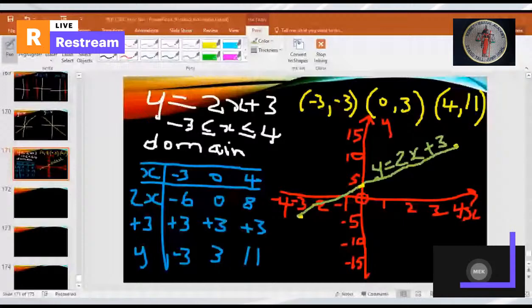So what we're going to do now is draw a quadratic graph. Let's plot a quadratic graph.